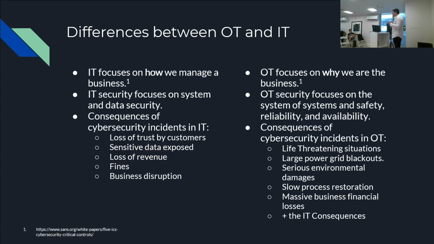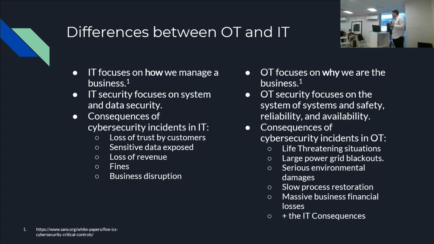Now, what are the differences between OT security and IT security? If we think about IT security, what's the first thing that comes to our mind? Information, data. The focus in IT is how we handle the data, how we manage a business. IT essentially wants to protect the data and the systems that hold the data.